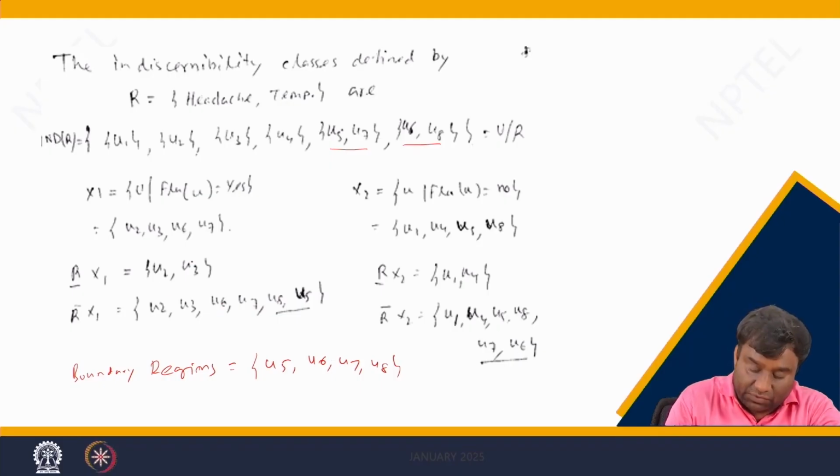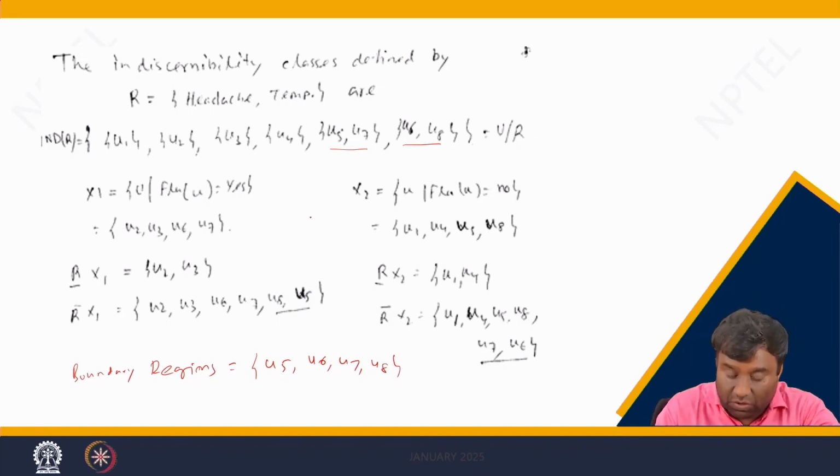The boundary region is U5, U6, U7, U8. Similarly, for flu no, it is U1, U4, U5, U8. U1 and U4 are completely a subset of these equivalence classes, so they belong to the lower approximation, and the intersection with 5 and 8 is not null, so they will be present in the upper approximation. Again, you will get the same boundary region.